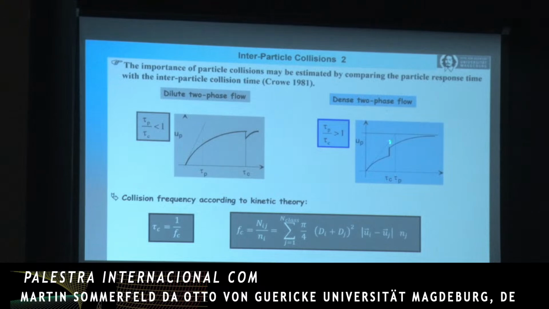And on the right-hand side, we have tau p now being much larger than the collision time scale. So before the particle can respond to the flow, to the vortical structures of turbulence, it experiences a collision and changes velocity. So tau c is smaller than tau p. This is the dense flow regime, driven not only by collisions, but affected strongly by collisions between particles.